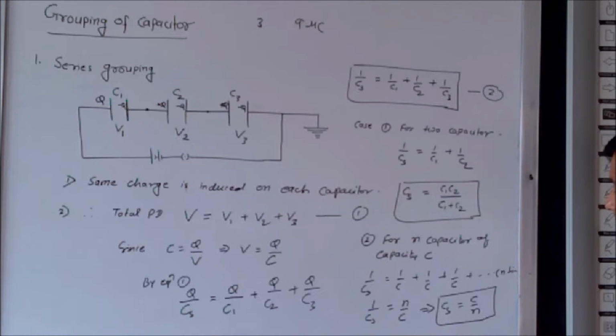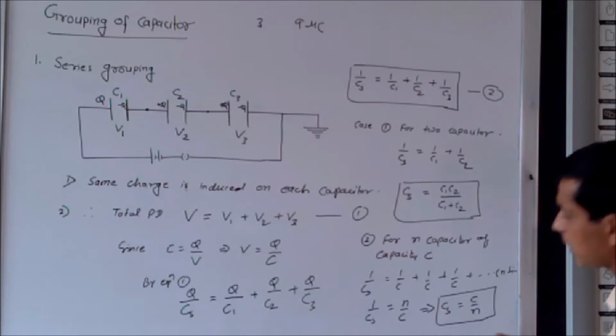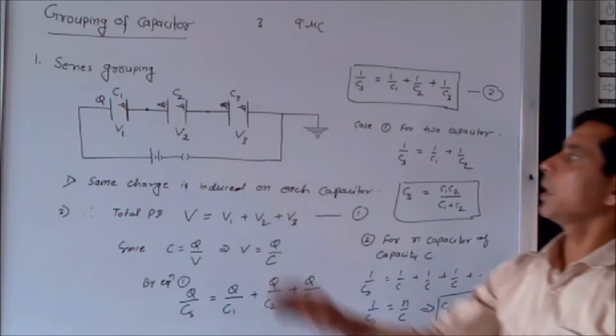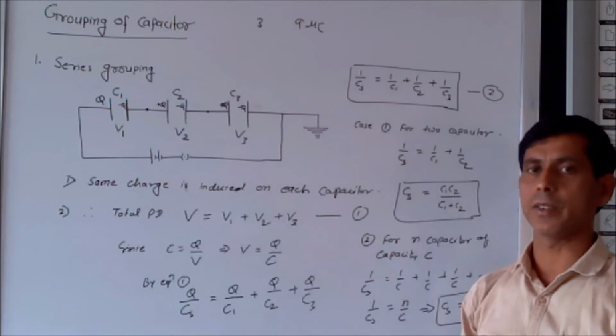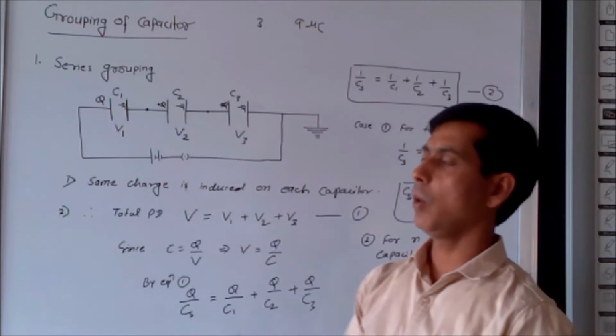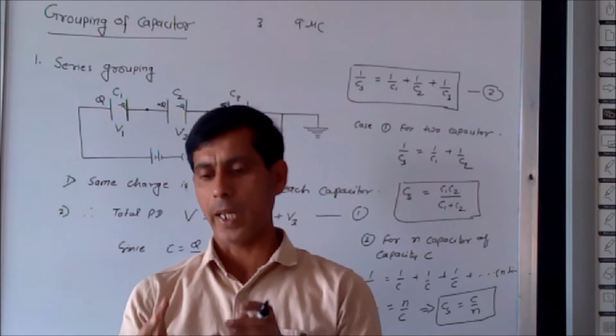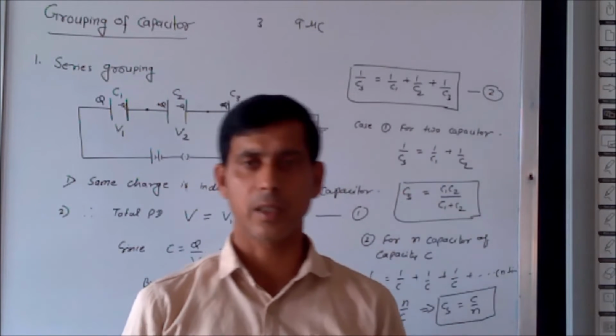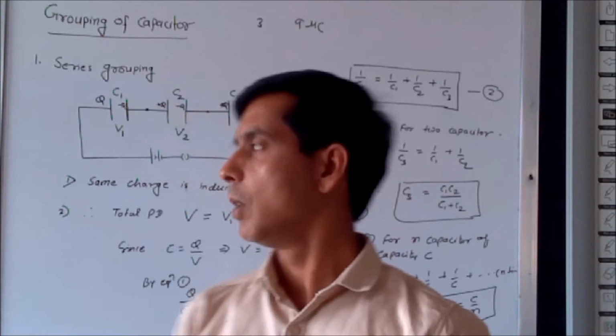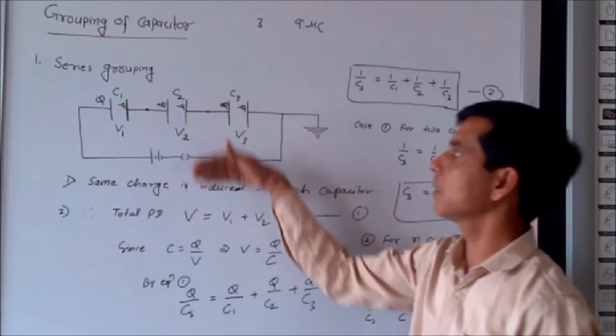Directly we can obtain 3 microfarad. That means in series grouping, overall capacity decreases. When we have capacitors of large value and we require a capacitor of smaller value, then series grouping is done.